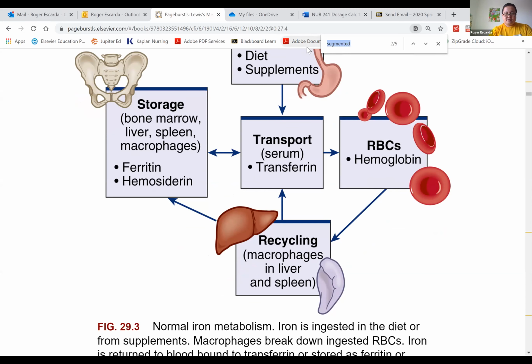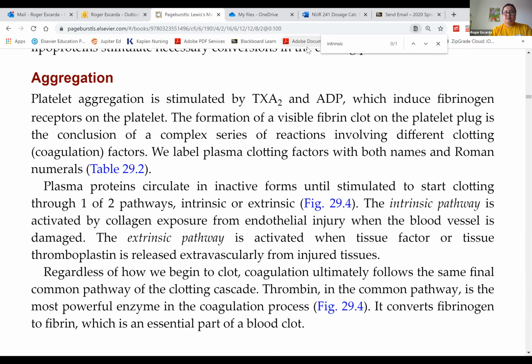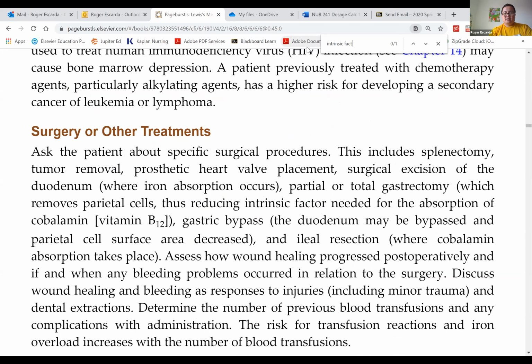Let me see if it's here. Right here. There's an enzyme produced in your stomach, which is called the intrinsic factor.